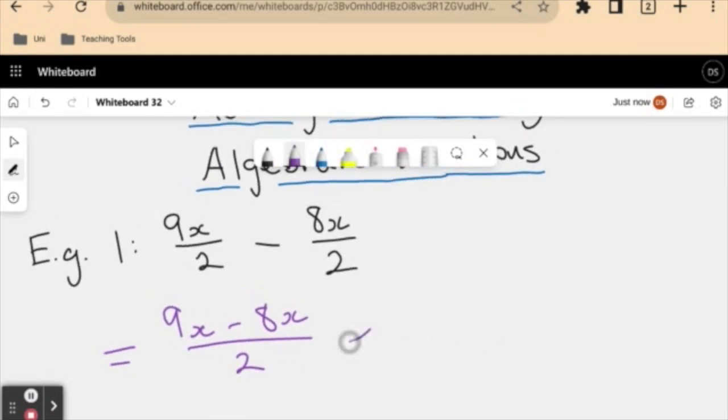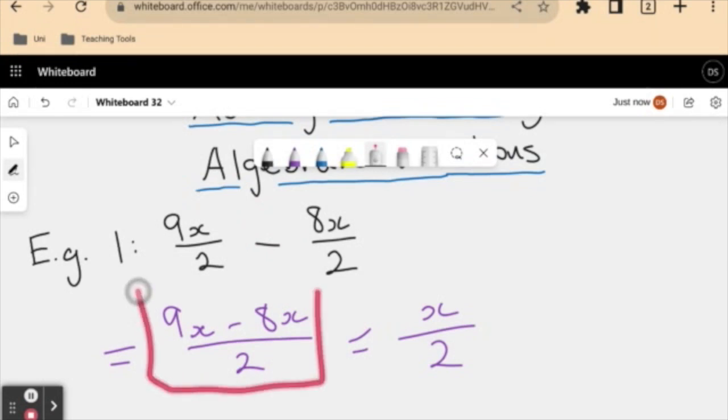Because of that, we can write this in the simplest form by collecting the like terms. So 9 lots of x minus 8 lots of x will just give us 1 lot of x over 2. And when we have the same denominators, whether we're adding or subtracting, we can just work with our numerators all over the common denominator that we're given.